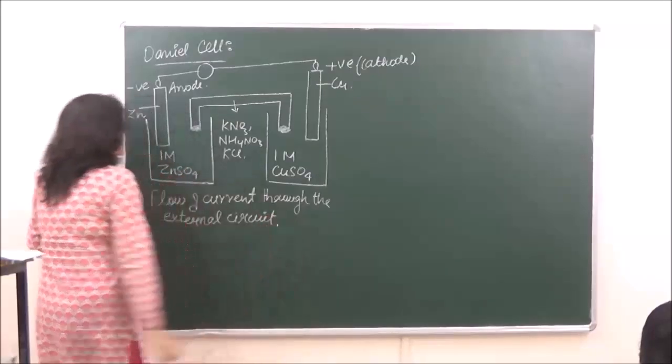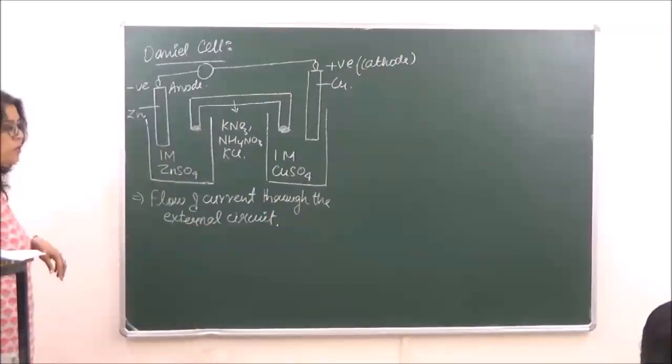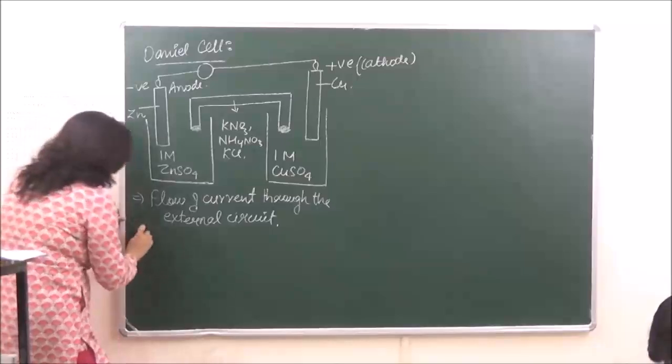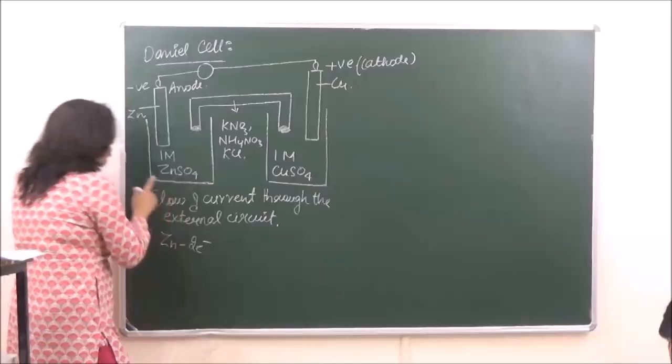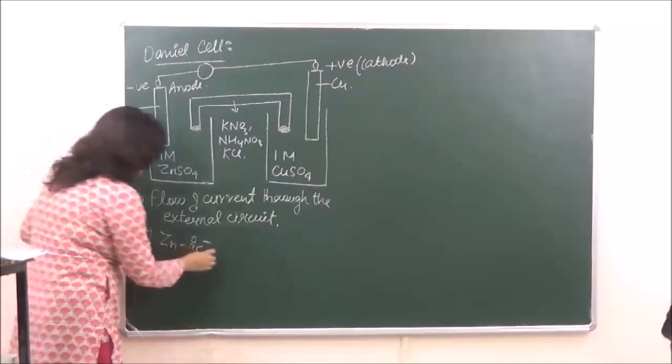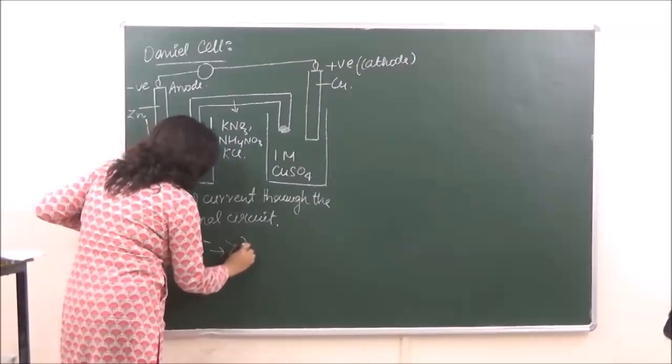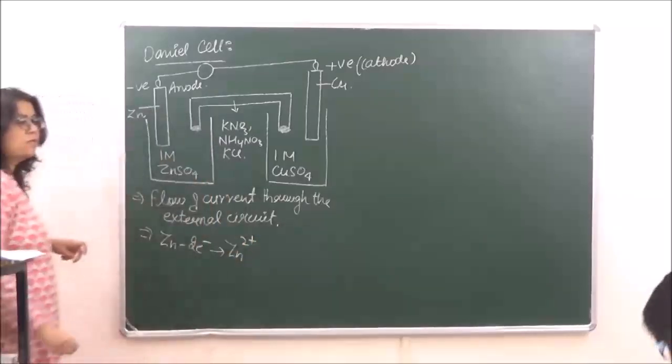As we have said that in this case the reactions they are going to be spontaneous, then we observe that zinc loses 2 electrons in the left cell to give Zn2 positive ions.